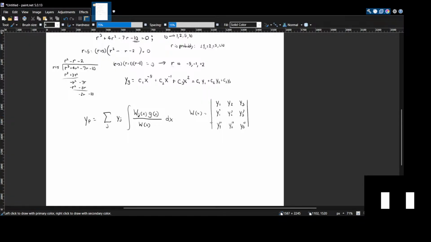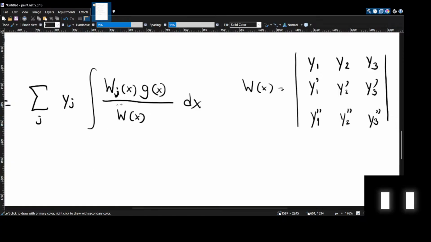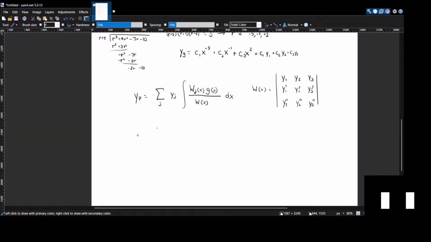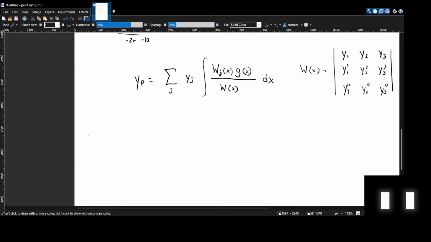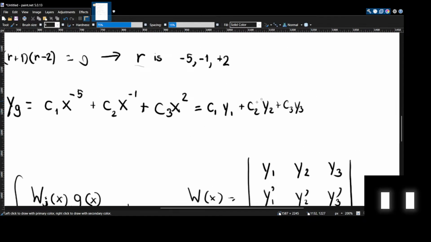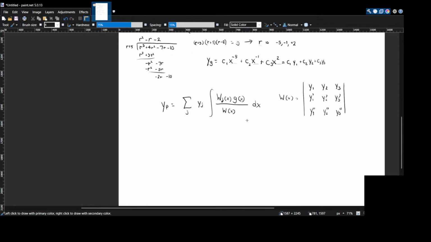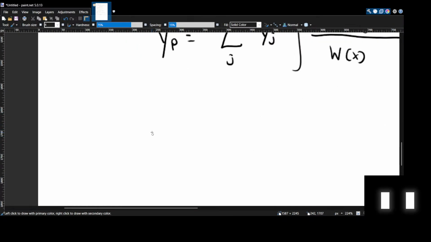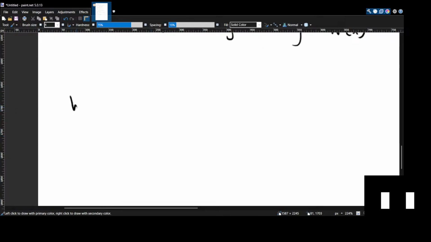Alright. So in our case, let's find W, the Wronskian here. The Wronskian for our case, y1 is x to the negative 5, y2 is x to the negative 1, and y3 is x to the power of 2. So the Wronskian is going to be the determinant of this matrix.